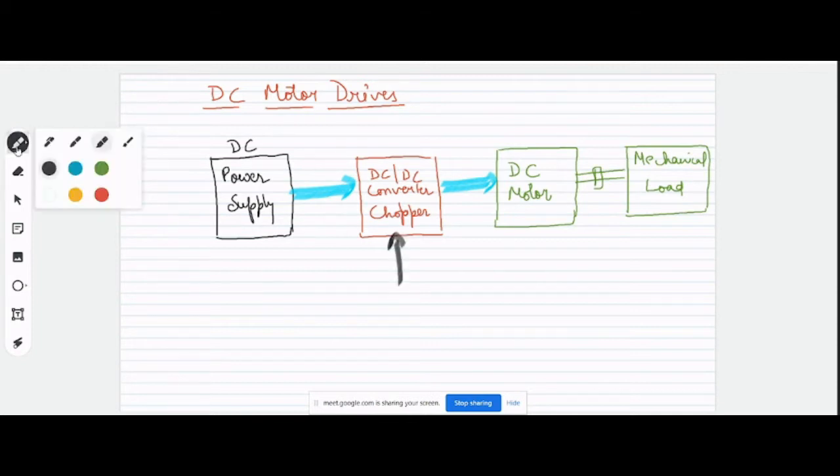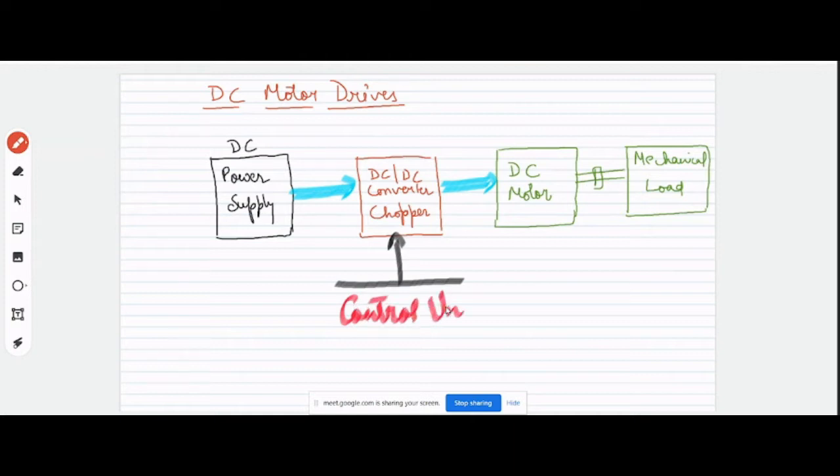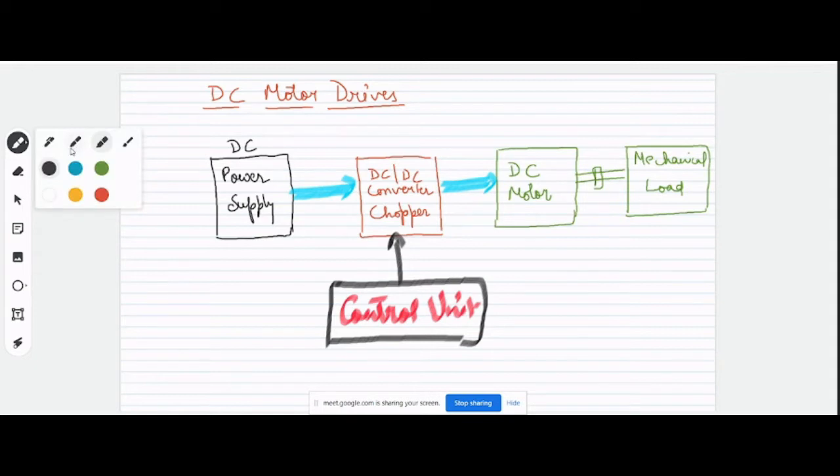And we may control this chopper or power modulator using certain control circuitry that is embodied in a control unit. To this control unit we can give our desired speed at which we want to run this machine.